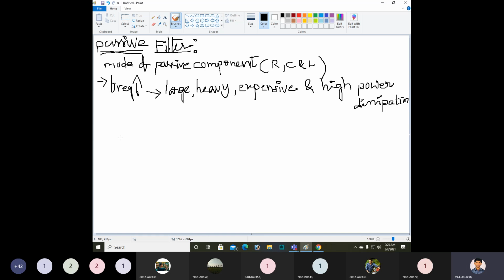Coming to active filters, today's heading: active filters.